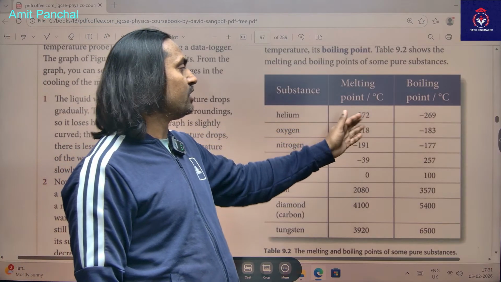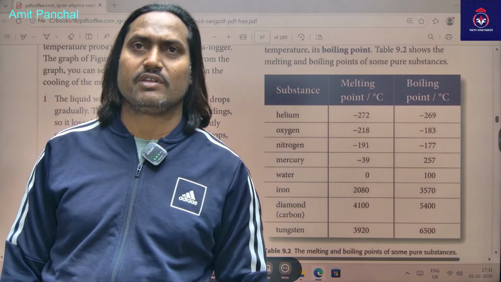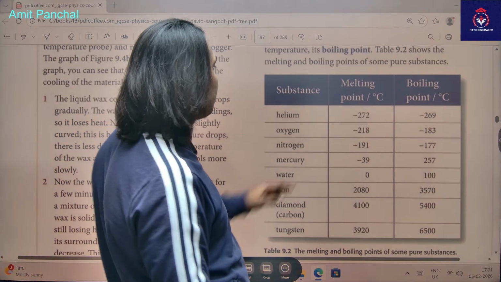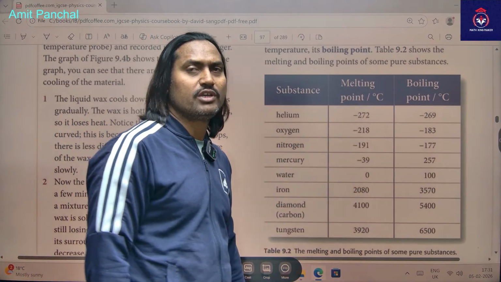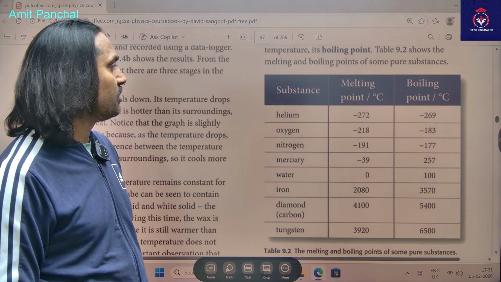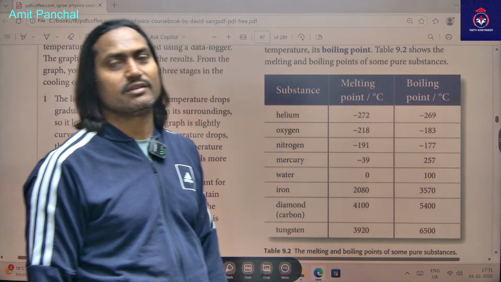These are some melting and boiling points of substances. Helium's melting point is minus 272 degrees Celsius, which is very, very low. It even boils at minus 269 degrees centigrade.